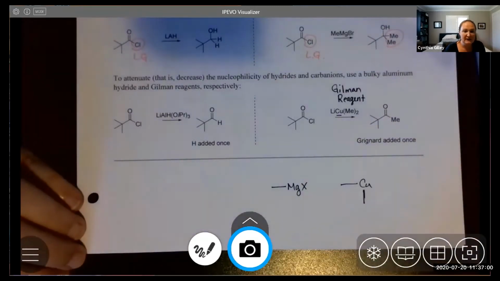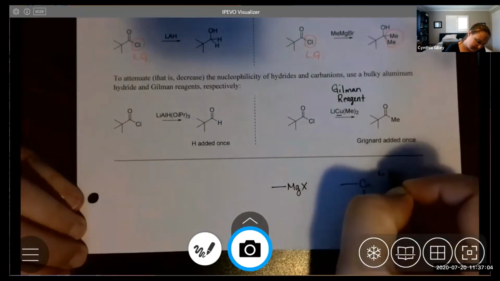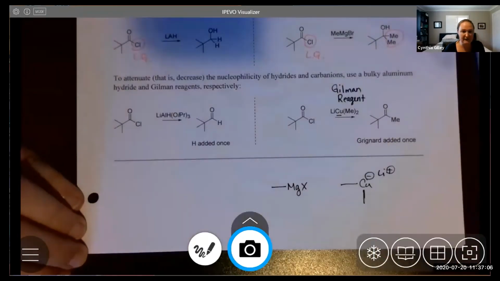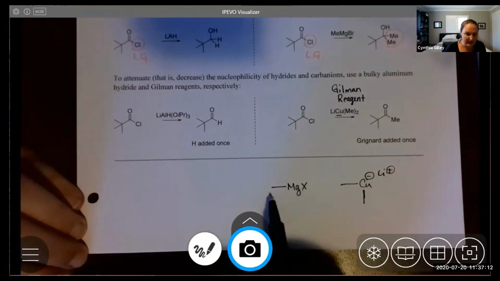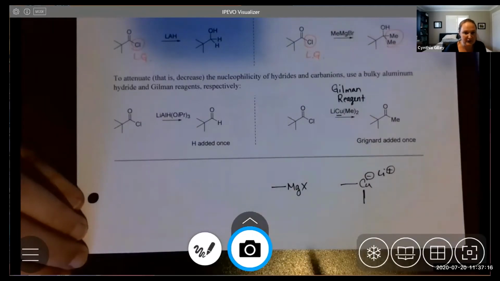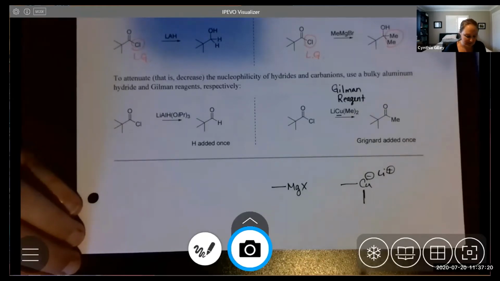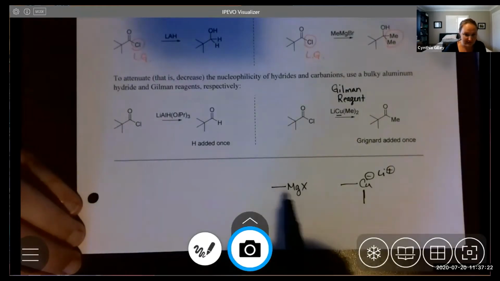The difference is that we don't have as polar a bond. If you look at the difference in electronegativity between carbon and magnesium, I forget what it is, but it's pretty high, like 1.5 or something like that. So there's a pretty decent difference in electronegativity.